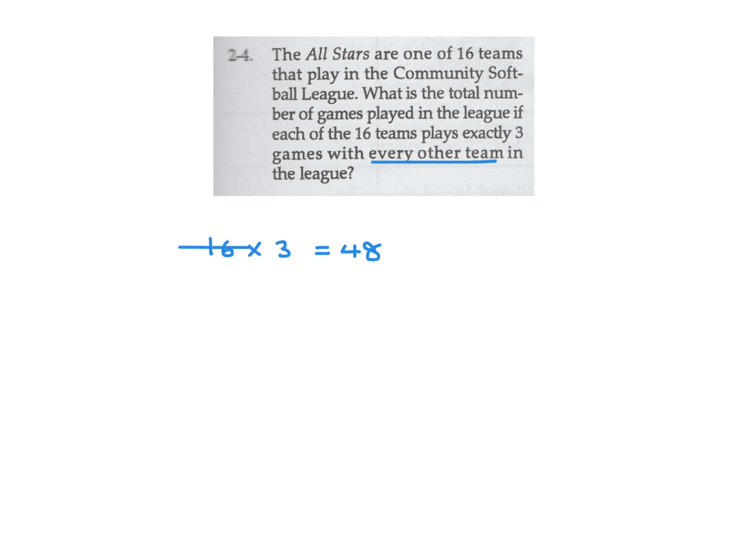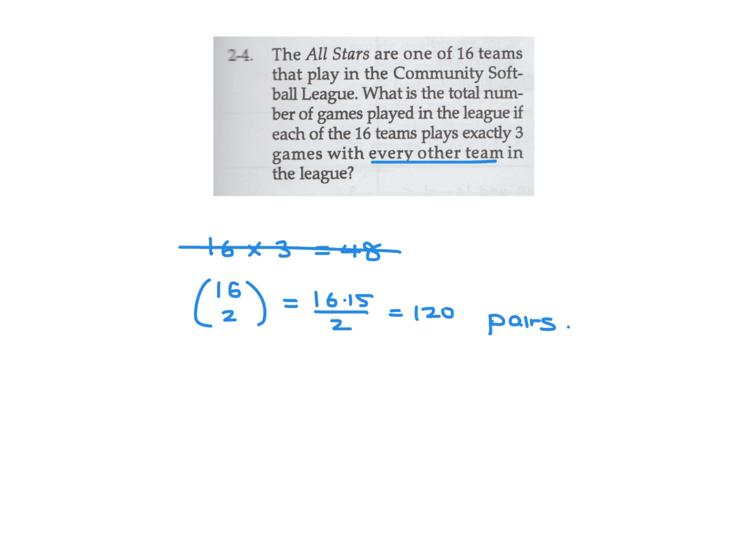So we've got 16 teams, right? And from those 16 teams, you have to choose 2 for a match. And that's 16 times 15 over 2, so that's 120. So that's how many pairs you have.